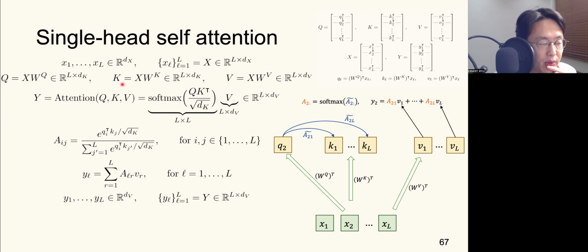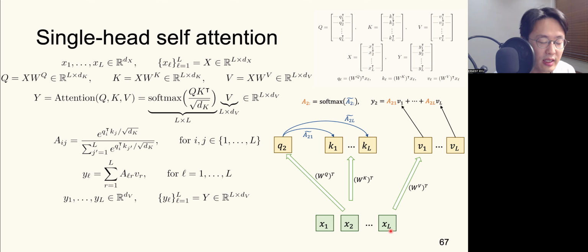So for example, let's take this matrix K and denote each row as little k1, little k2, up to little kL. So k1 up to kL are the rows of this K matrix. The way you obtain these K vectors is you take this x vector, little x1, and multiply by WK transpose, that gives you k1. You take x2, multiply by WK transpose, you get k2.